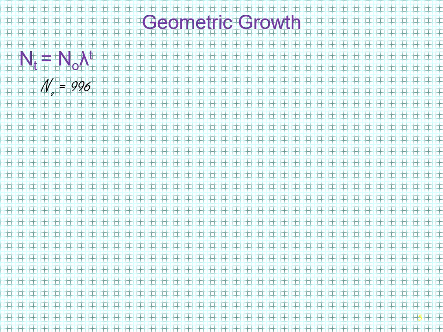So using that, we can use the equation that the number at a given time equals the number you started with times lambda, that growth rate. And for each year, for each time step, you're multiplying it by that growth rate. So for these phlox plants, we know we started with 996, and we calculated the growth rate as 2.4177. And so now we can see how many plants you would have after 1 year, 2 years, 4 years, 8 years. So the calculations are pretty simple.